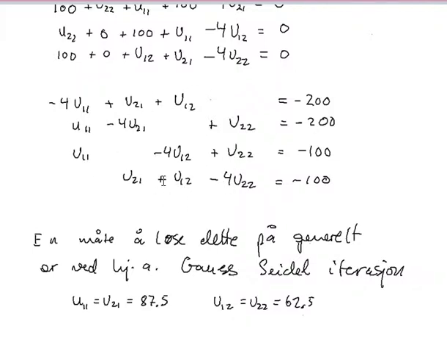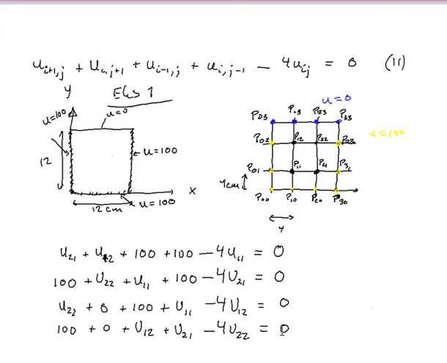By solving this system of equations, we obtain that u11 and u21 are equal to 87.5, and u12 and u22 are equal to 62.5. So now we have solved this numerical problem with discretization length h equal to 4 centimeters.